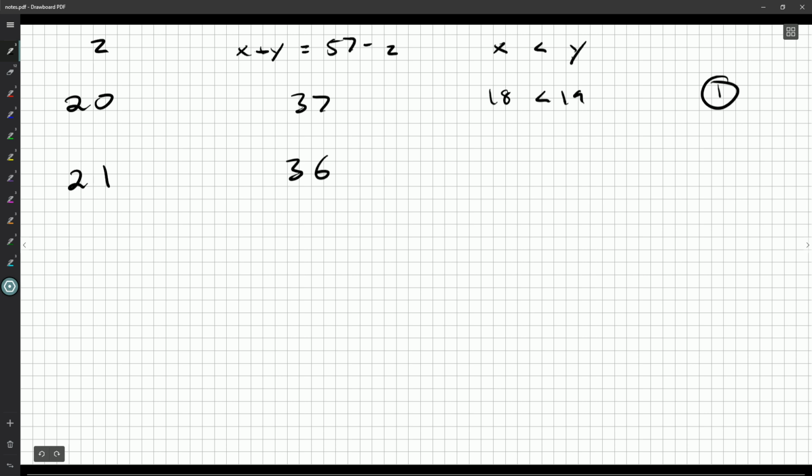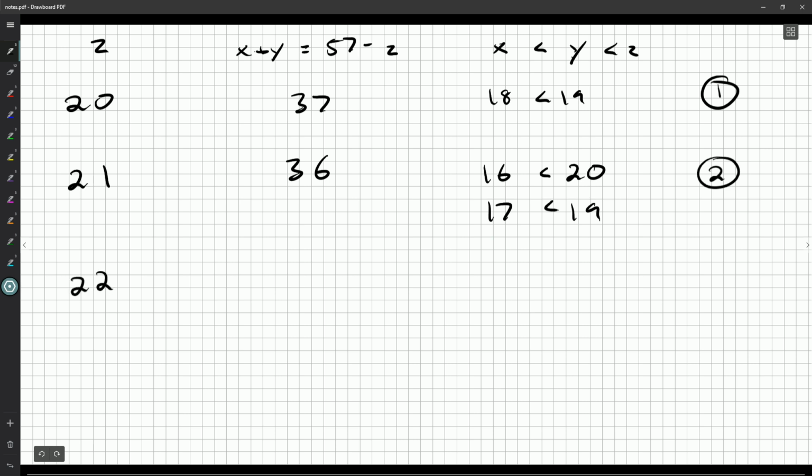But we know that y has to be less than z, so we couldn't have y be 21. Maybe y is 20, so x would be 16. Or we could have 17 and 19. 18 and 18? No, because the sides have to be different. So we get two triangles if we're looking at 21.